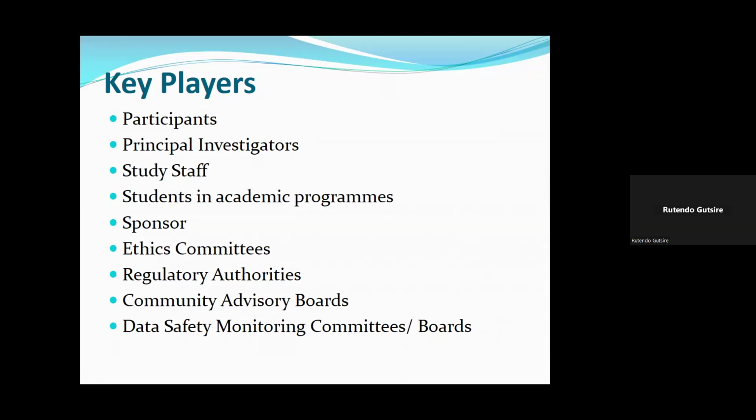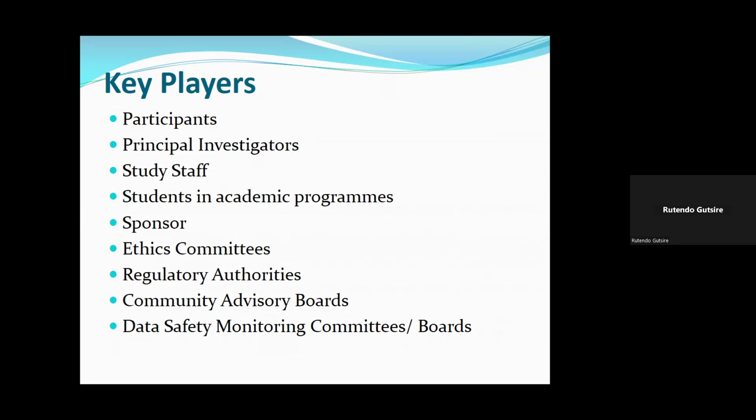Then sponsors, those are the people who give us the money. Ethics committees, I'm going to be talking about JREC. Some of you might be hearing this for the first time since you're in part 2. I'm sure you've never submitted a proposal. We do have our committee within the Faculty of Medicine called JREC. So all students, all staff need to take their proposals.